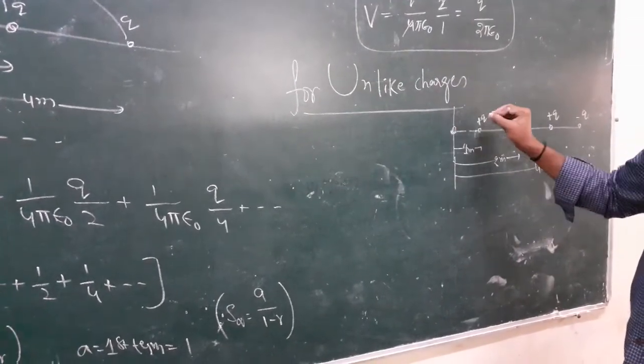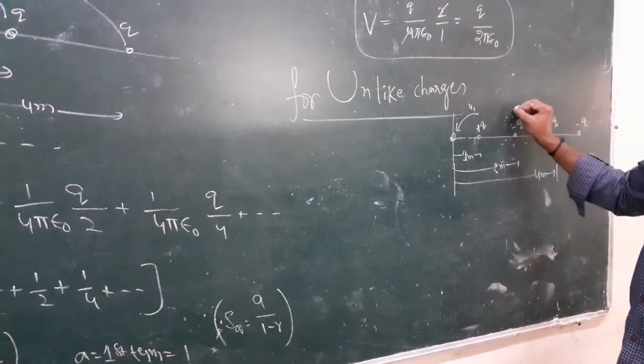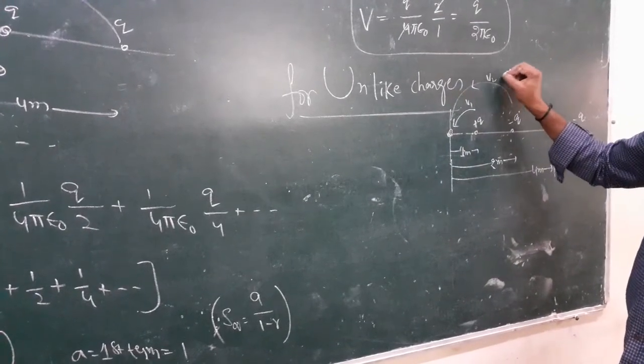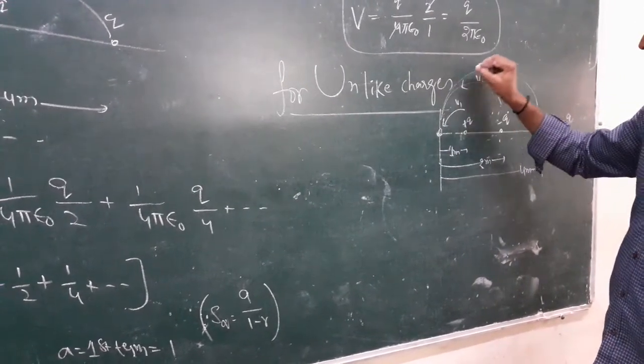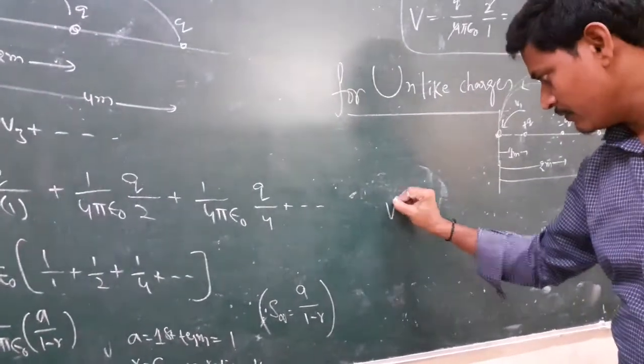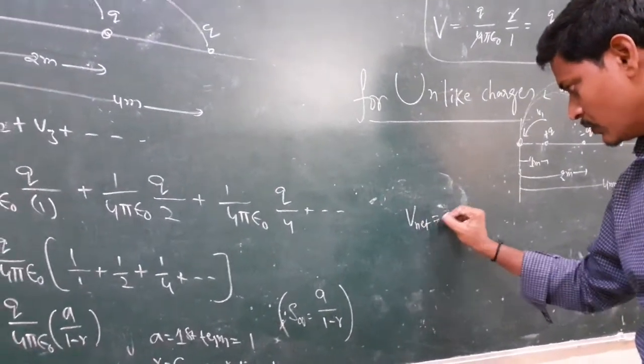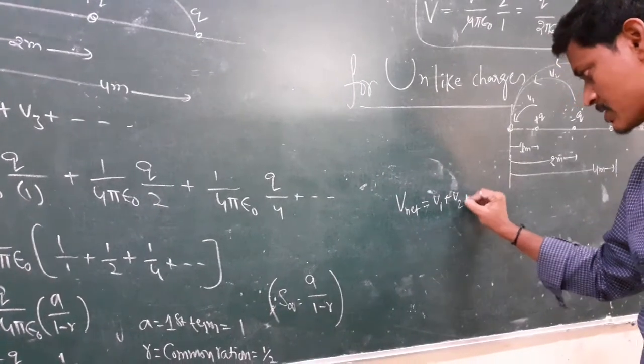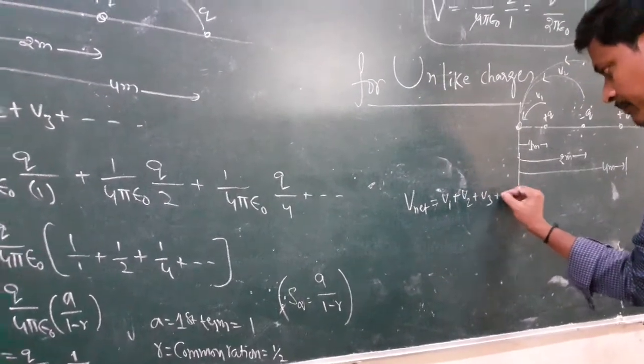Then the potential at this point, V1, is the work done to bring the charge from here to this point, then V2 and V3, and so on. Then the net potential V net is equal to V1 plus V2 plus V3 and so on.